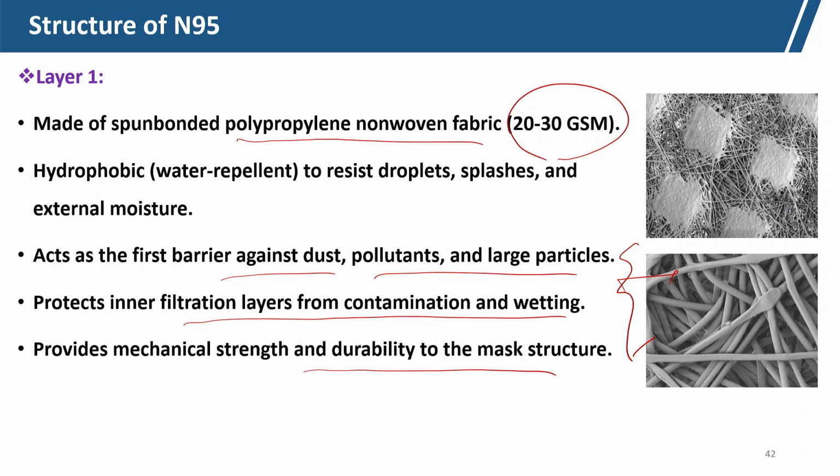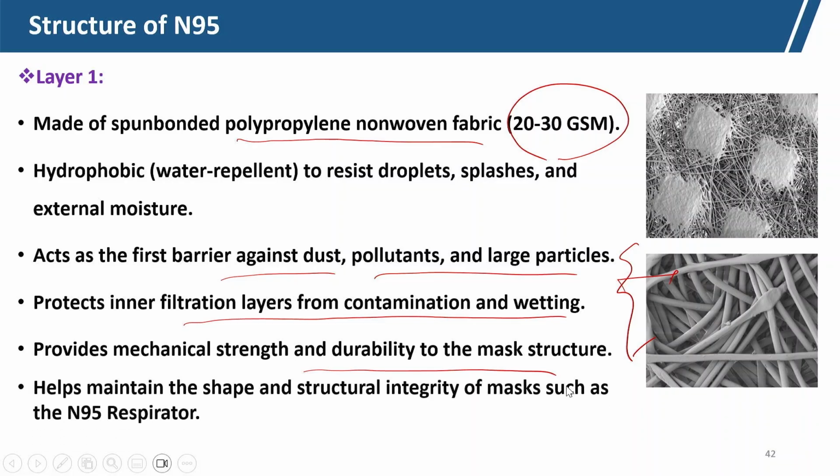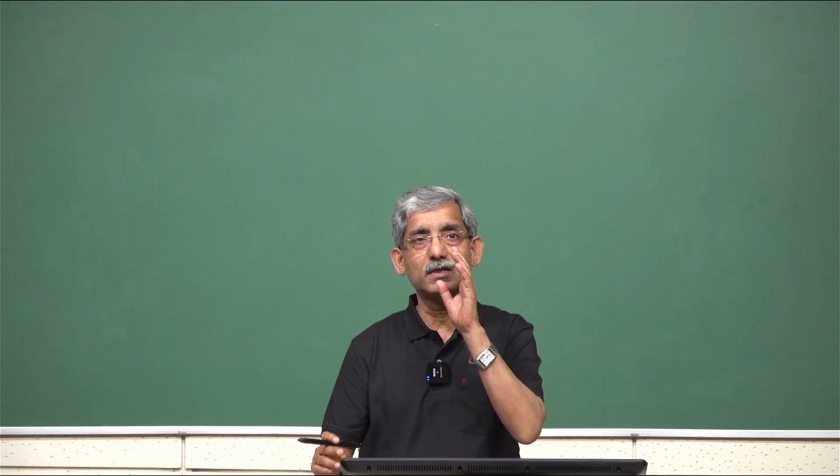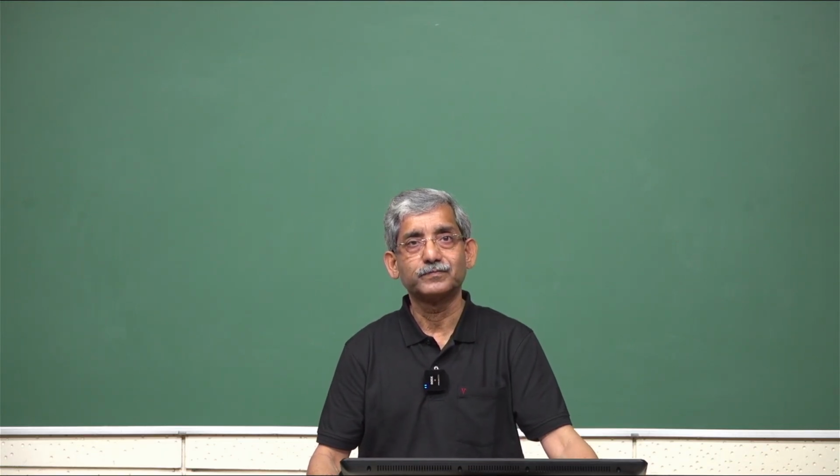So they have to be protected by the spun bonded layer on both sides. It helps maintain shape and structure. Without this, the structure would be very limp. So it gives stiffness to the structure, so that it maintains its shape.